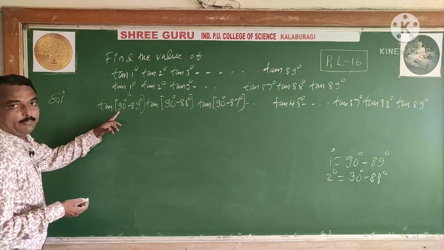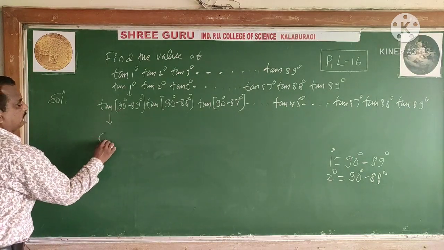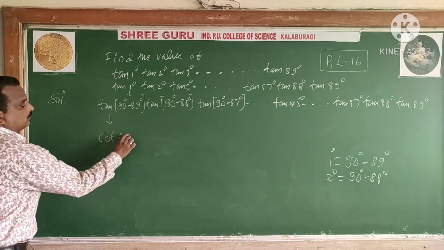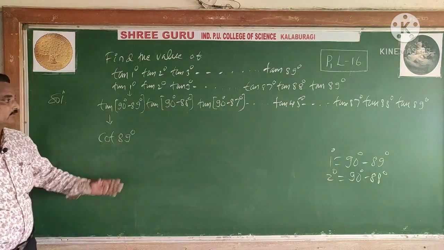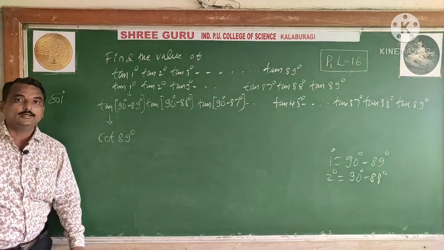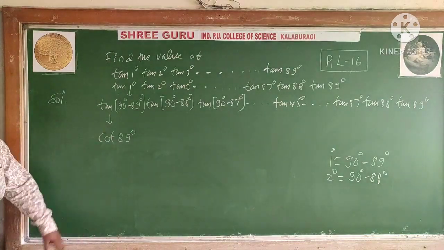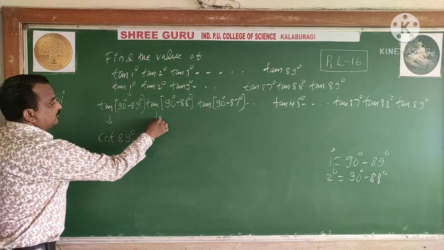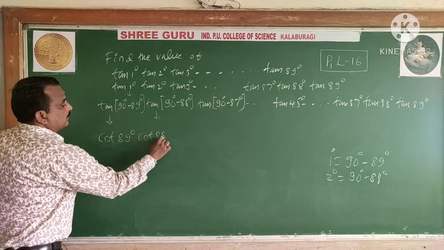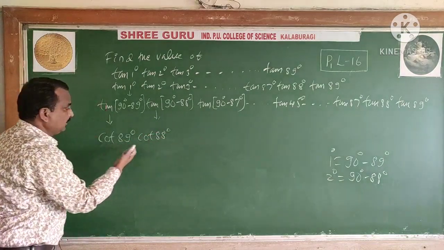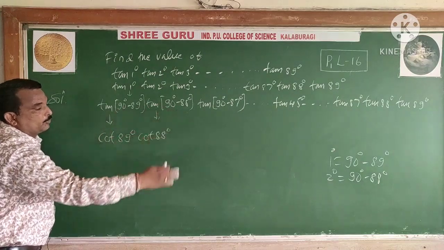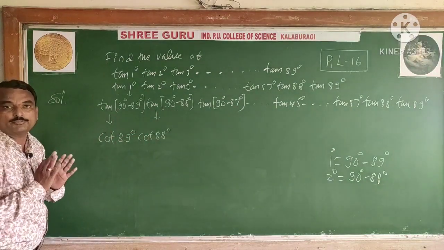See, students, here 90 minus theta. Tan changes to cot by using the allied angle 90 minus theta. So 90 minus 89, first quadrant, positive. The function changes. Similarly, see this one also. Cot 88. All the terms are products here, 89 product terms are there.